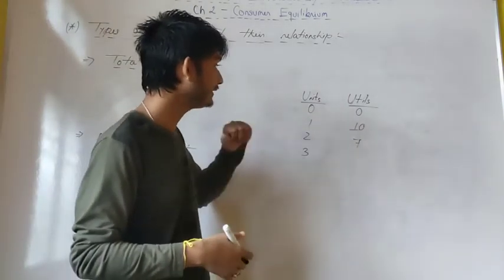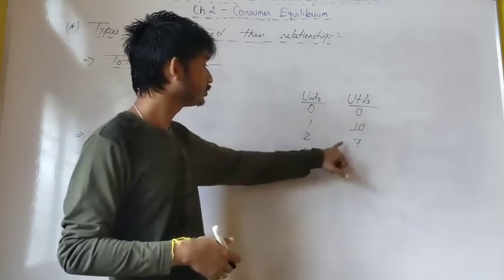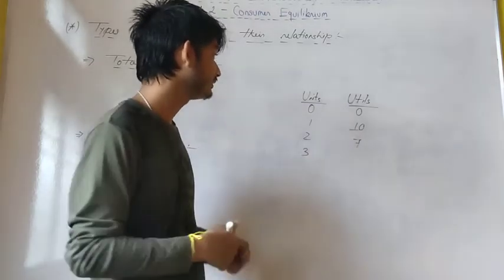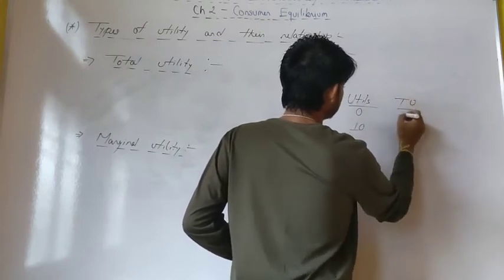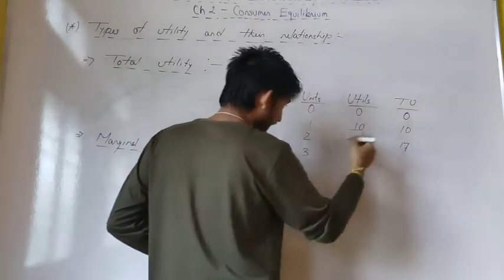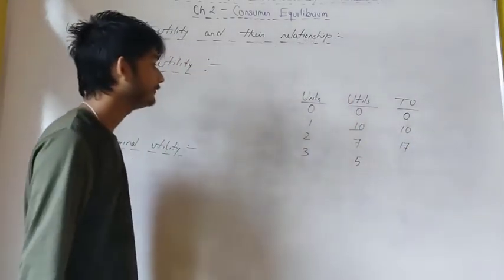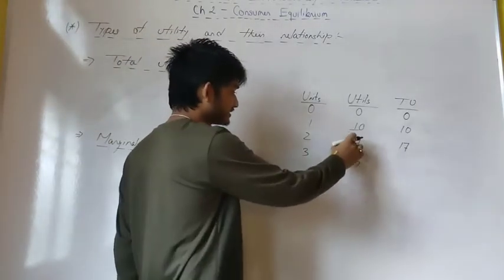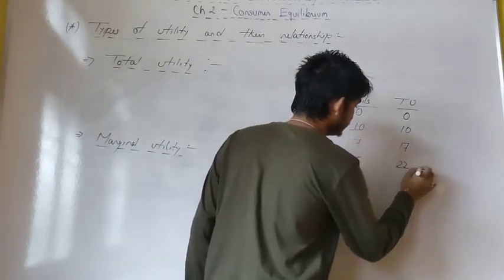So when he consumed 2 units of the commodity, he got a utility of 7, so his total utility will be 10 plus 7, which is 17. The next unit he consumed, he got a utility of 5, so his total utility will be 10 plus 7 plus 5, which is 22.